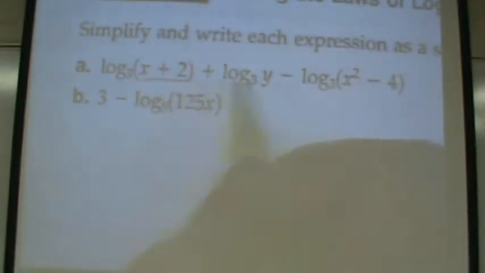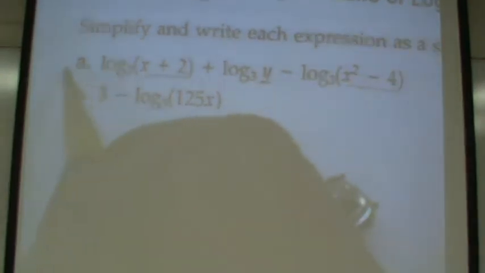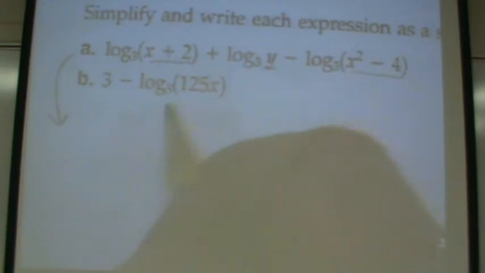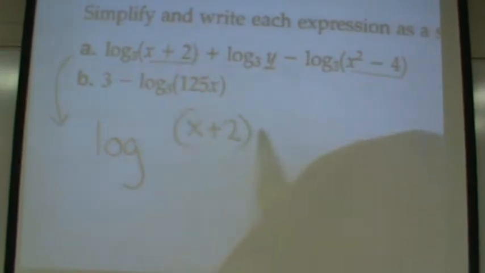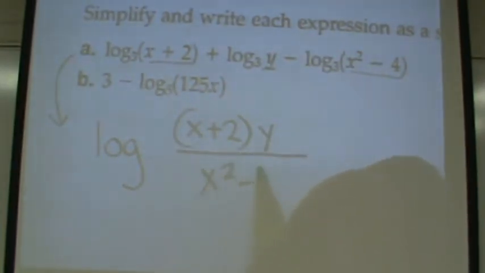So these two you're going to multiply, and this one you're dividing. So to condense this, you're going to have the log. And the top, you have x plus 2 times y, and in the bottom you have x squared minus 4. Do you agree with that? And they're all base 7.